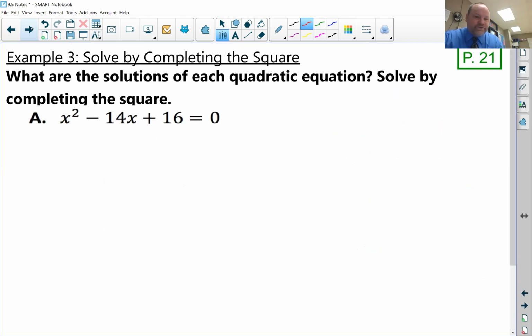So if they're given to you in standard form, where they're equal to 0, solving it becomes pretty simple. Again, we're going to get rid of the plus 16 by subtracting 16 from both sides.